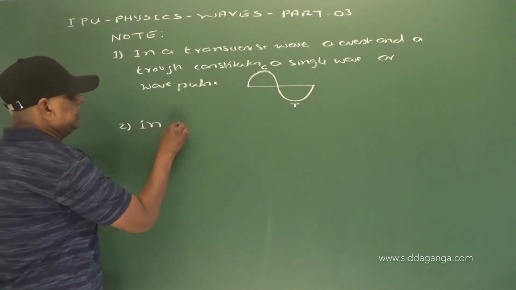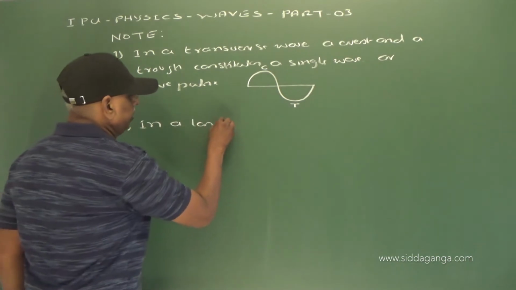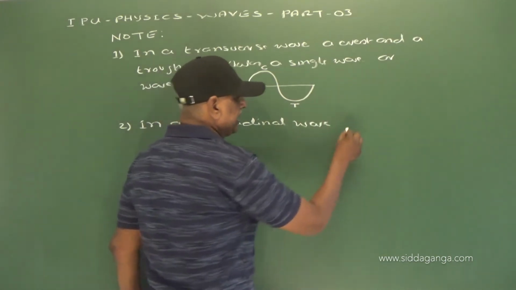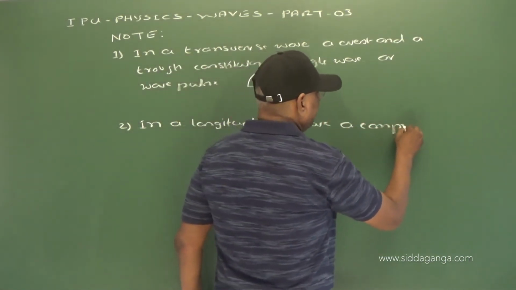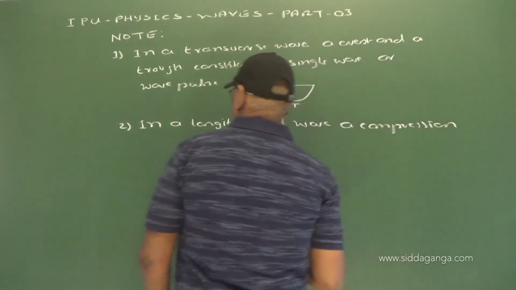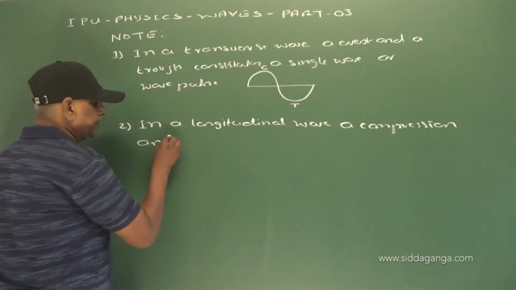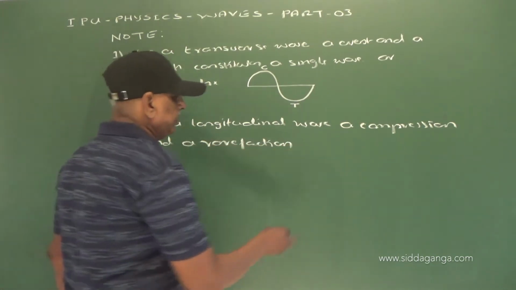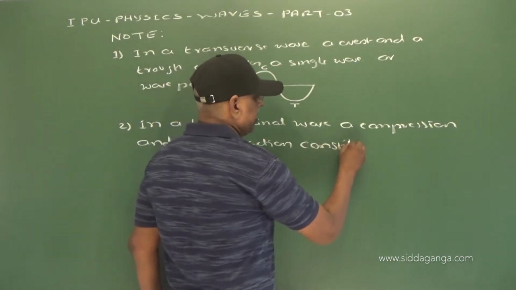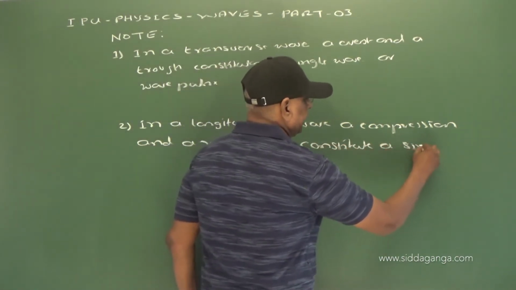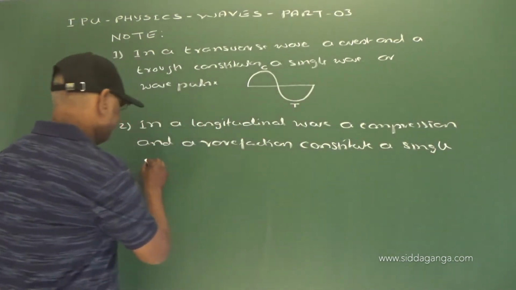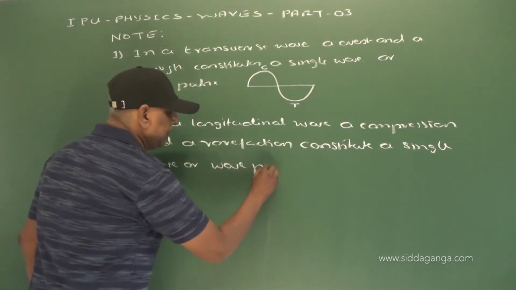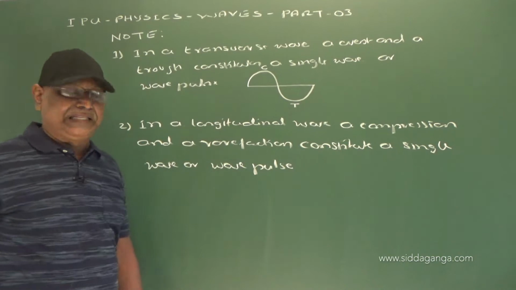That is called a single wave or wave pulse. Similarly, in a longitudinal wave, right, a compression and a rarefaction constitute a single wave or wave pulse.